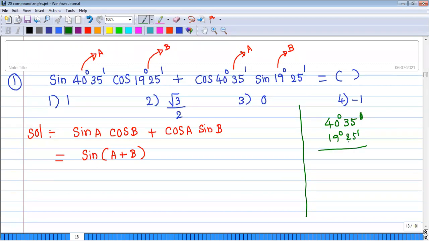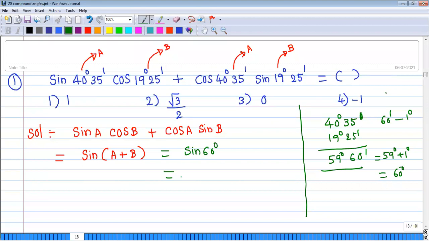Wait, wait 1 minute. 35 plus 25 is 60 minutes. This is 59 degrees. My dear students, remember 60 minutes is equal to 1 degree. So 59 degrees 60 minutes is equal to 59 plus 1 degree. This becomes 60 degrees. So we can write sin 60 degrees.